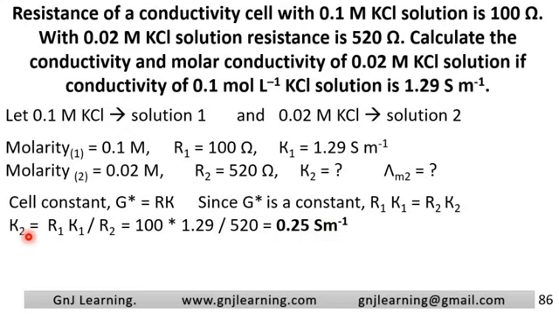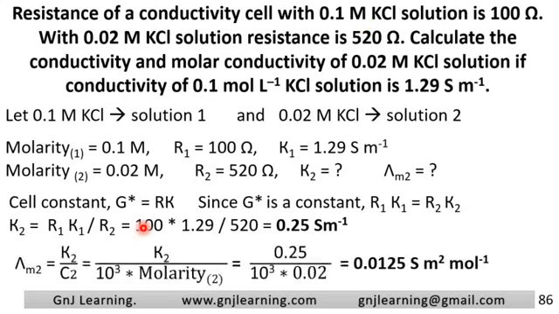So now that I have the conductivity, how will I calculate molar conductivity? Molar conductivity is kappa divided by C. Here kappa is in meter, and molarity is given, so if I want to convert it into meter cube, what equation should I use?